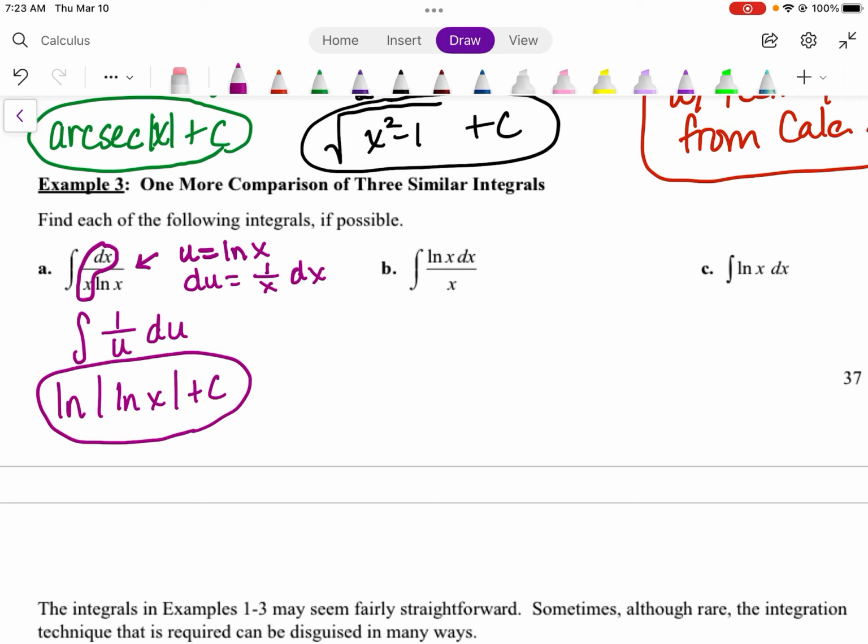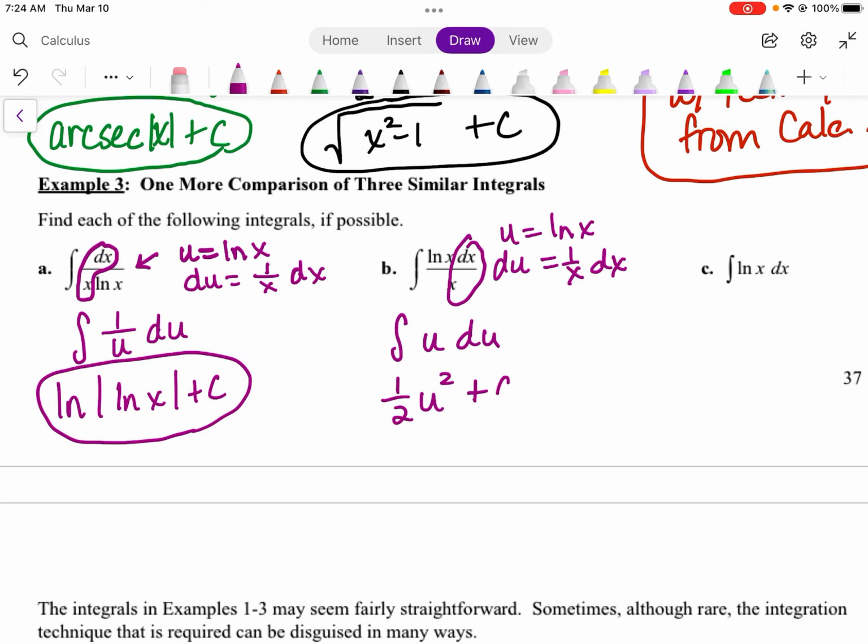Let's try this next one. Let's see here. If I let u be the ln of x again, and u prime, or du, let's write it the way we've been doing it, du is 1 over x. I've got that right here again. So this just becomes the integration of u du. So u substitution works beautifully again. And that's going to be 1/2 u squared plus c.